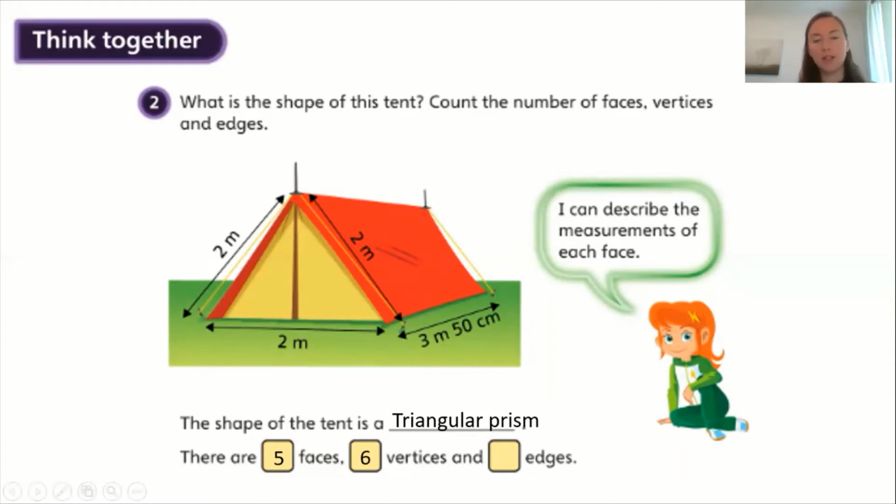Finally, edges where 2 of the faces join together, there are 9 of them. 1, 2, 3, 4, and then 5 and 6 at the base there, 7, 8, 9. Okay, so 9 edges altogether.